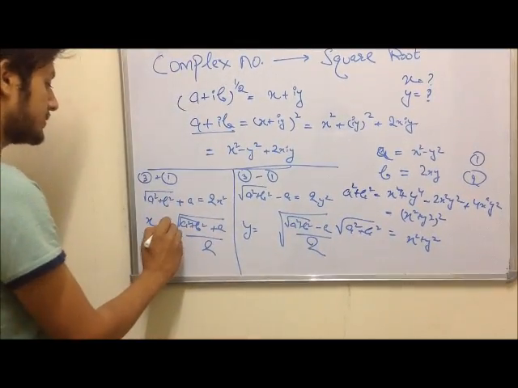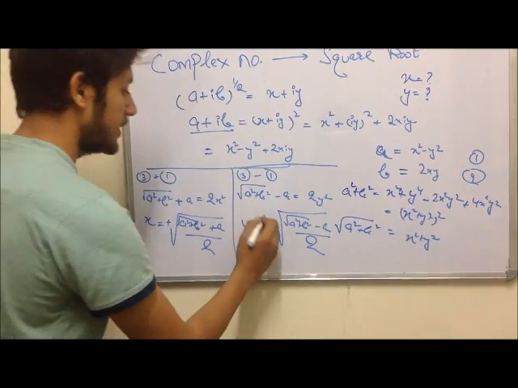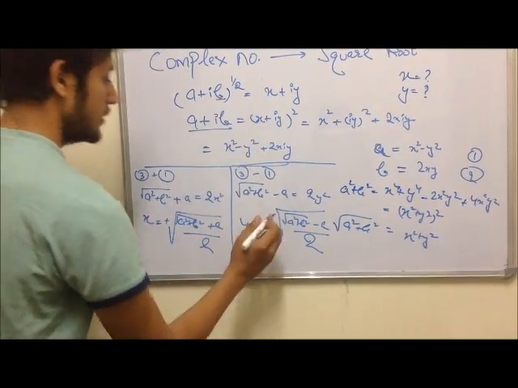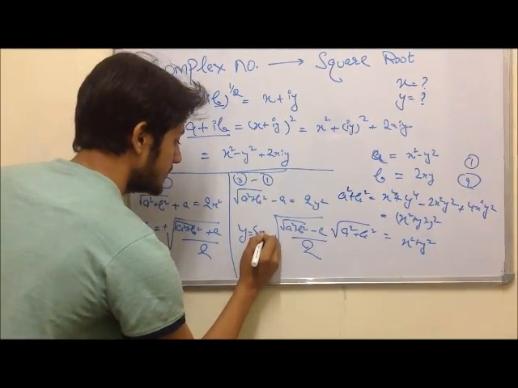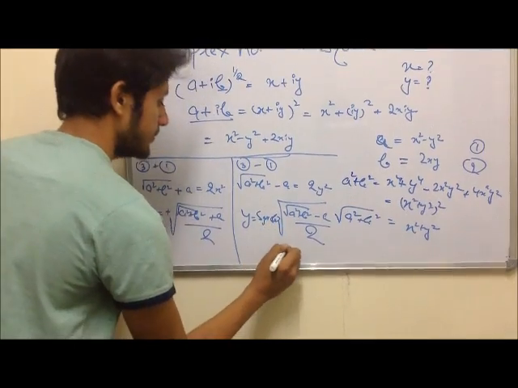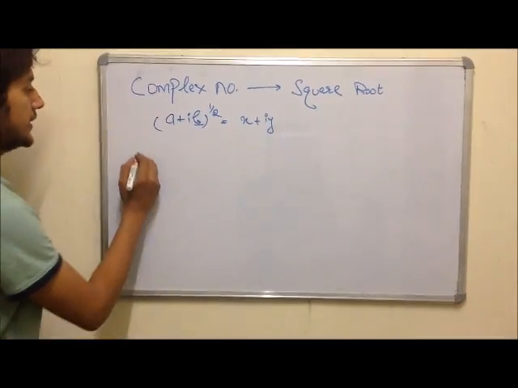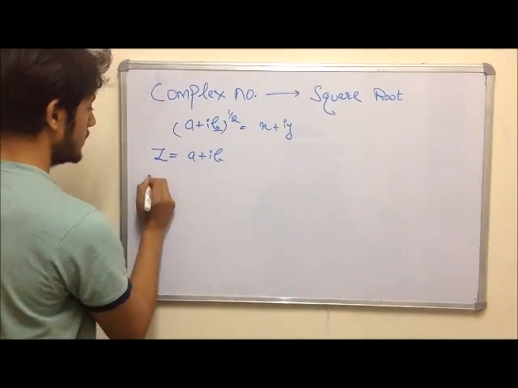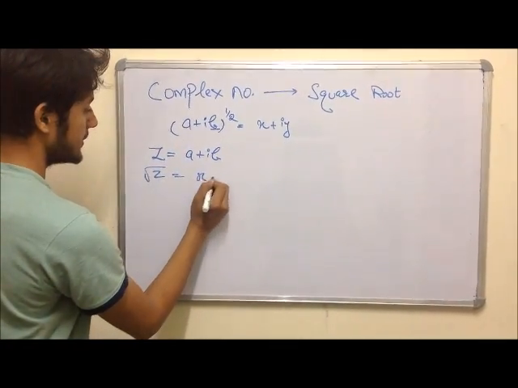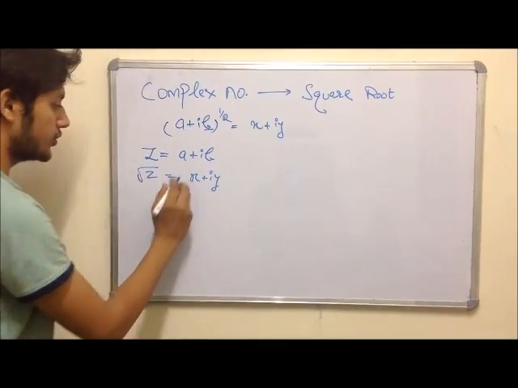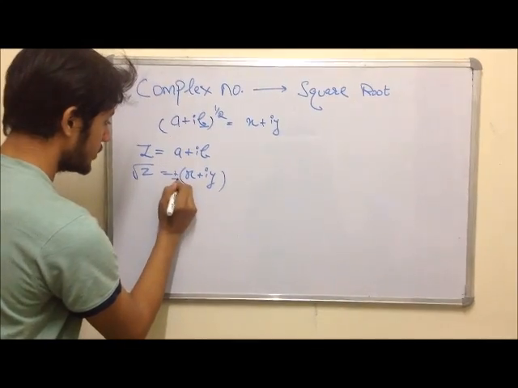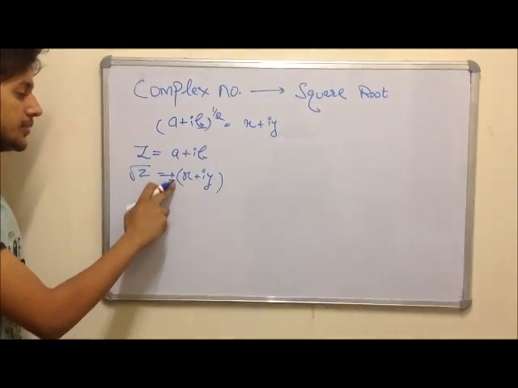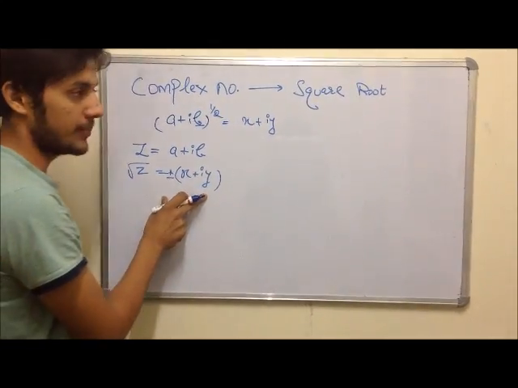Now the sign of x will be positive, but the sign of y will depend on the sign of b. So we can write signum of b. So finally, when we have a complex number z which is equal to a plus ib, the root of z is x plus iy, and we will get root of z as plus minus (x plus iy), because a square root always gives us plus minus of the complex numbers.